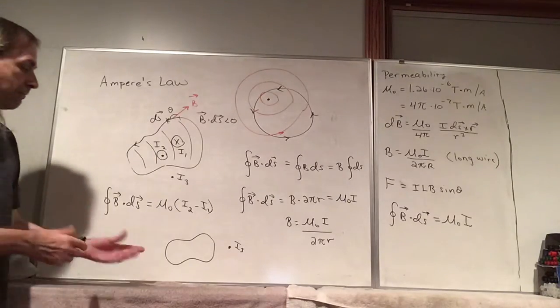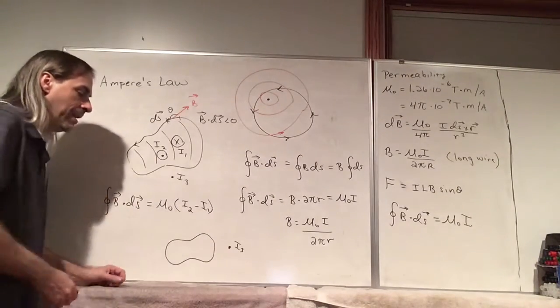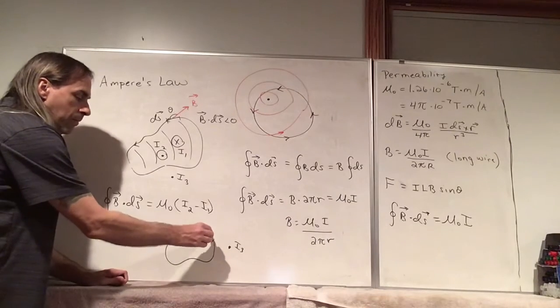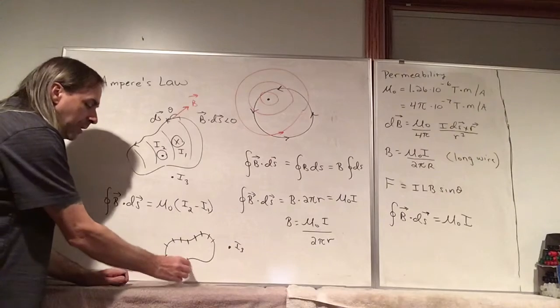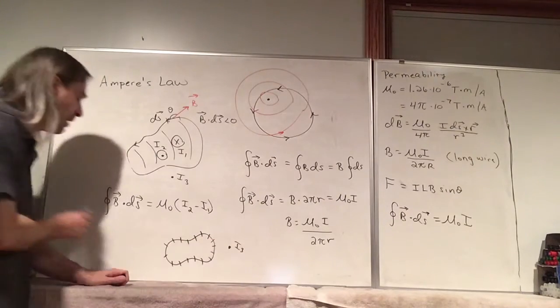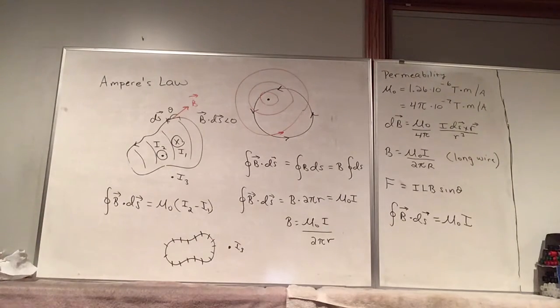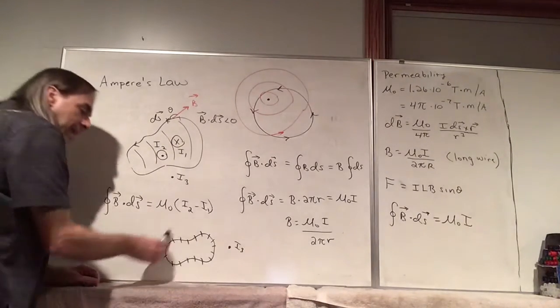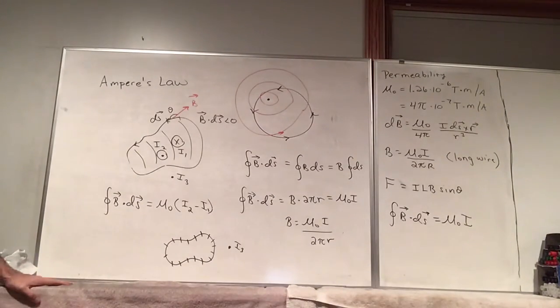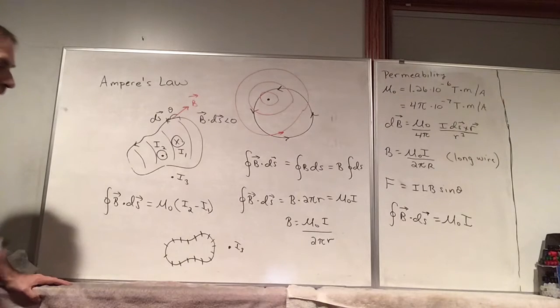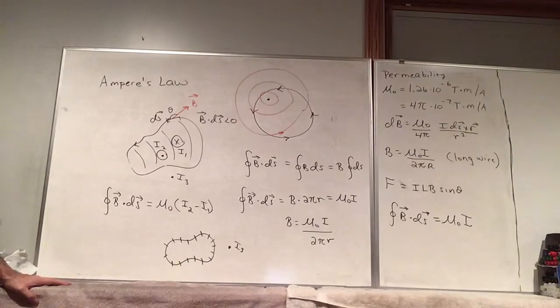If you approximated it as a sum, for instance, if you look at a finite number of pieces, and you calculate B dot ds along each of those pieces, very likely none of those would be 0, but when you add them up, you're guaranteed to get 0. Some will be positive, some will be negative. And so you will get 0 for the sum.